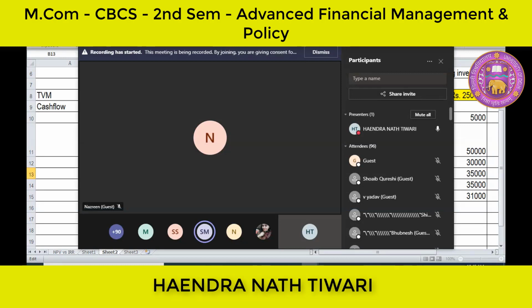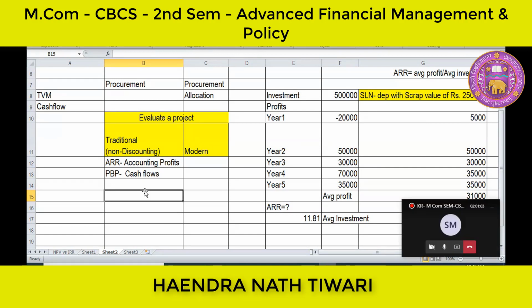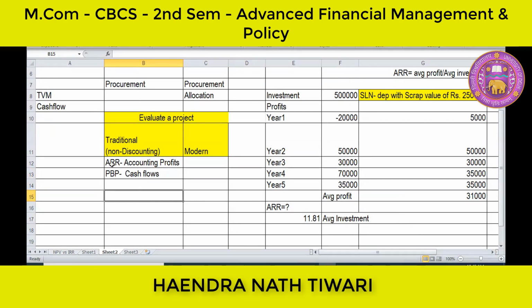Okay, so please remember from now onwards that except the accounting profit, accounting rate of return, all other methodologies that we will be using now onwards will all use cash flows. And now real problems will start coming. Until now it was the base.